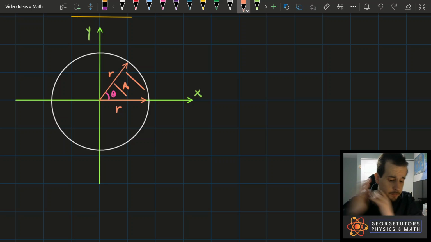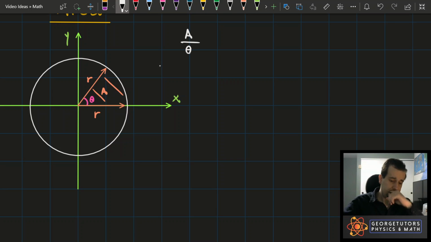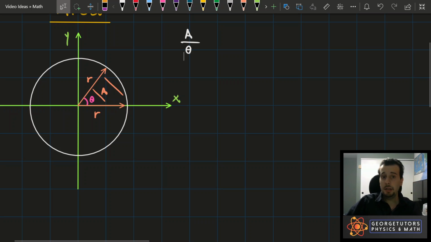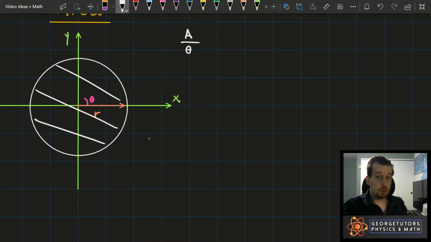So what would the area be? Is there a relationship between the area of that segment and the angle that we've opened up? We can answer that question by considering the limiting case of taking this r and opening it up wide enough so that it goes all the way around. That would mean we've incorporated the entire area of the circle, and that area we very well know is pi r squared.